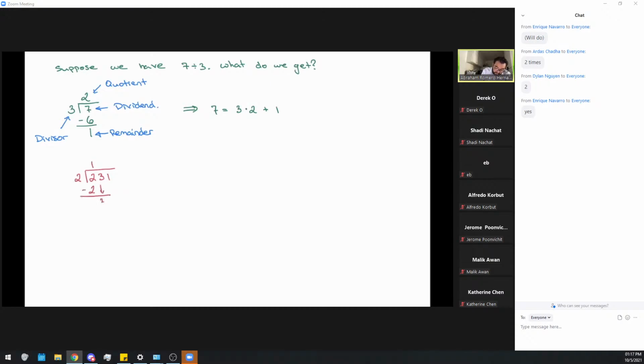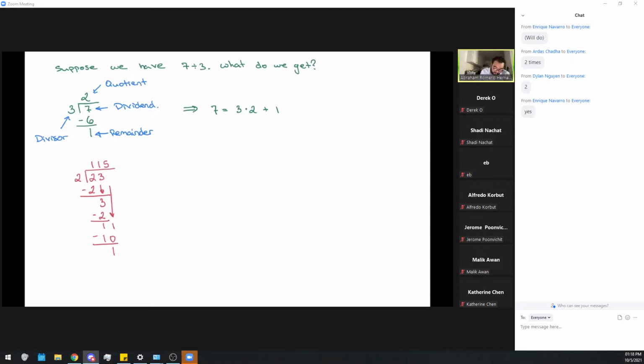Bring down the 3. 2 goes into 3 once as well. Subtract, and we get 1. Bring down the 1. So 2 goes into 11 5 times. This is 10, and we have a remainder of 1 again. Obviously, you know your remainder is not always going to be 1.